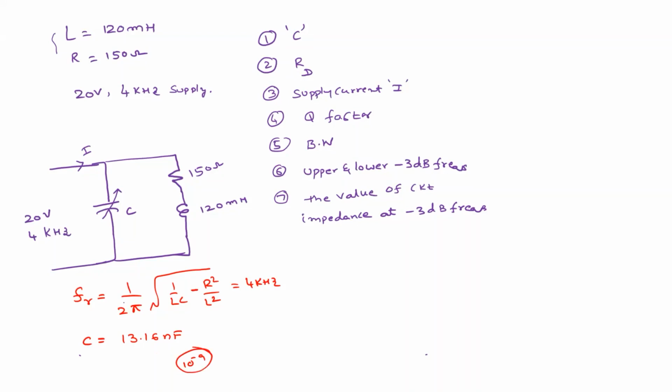So next, what is the second thing? RD, right? What is the dynamic resistance RD formula? L upon CR. So calculate this one. 61.5 kilo ohms?